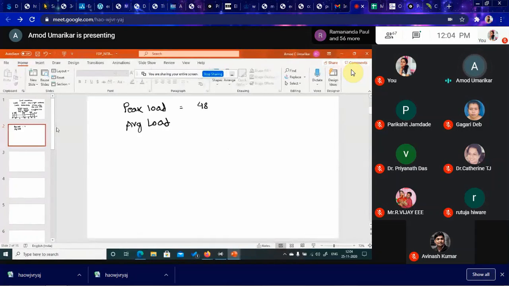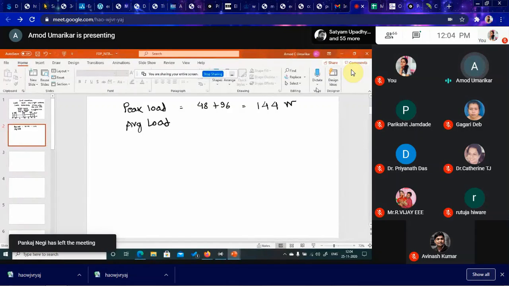Peak load is 48 plus 96, which occurs 3 times a day for 1 hour. That is 144 watt. And what will be the average load?